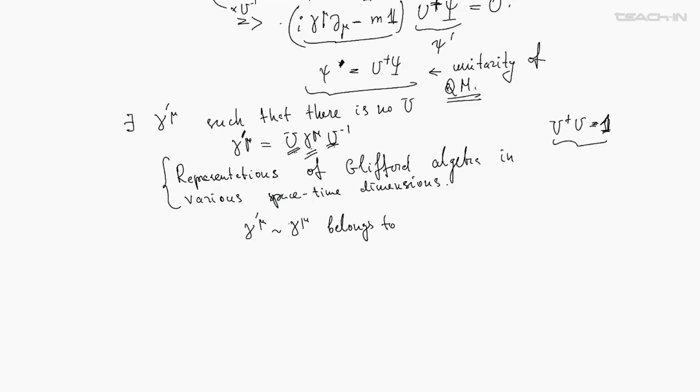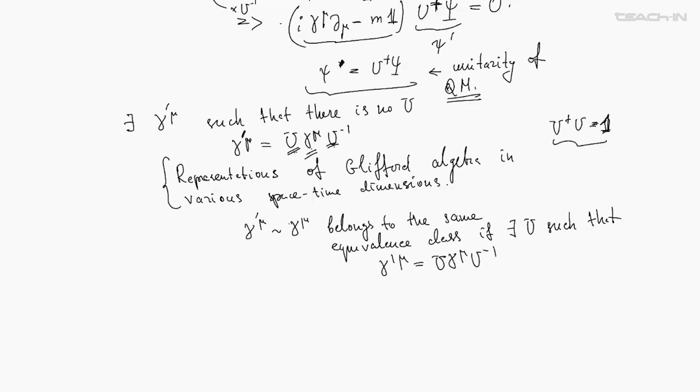That means that they are equivalent if there exists a matrix U, which is a unitary matrix, such that gamma prime mu is equal to U gamma mu U minus 1. Okay? Then we say that these matrices are unitary equivalent because there is a unitary transformation which transforms one set of gamma matrices to the other set.